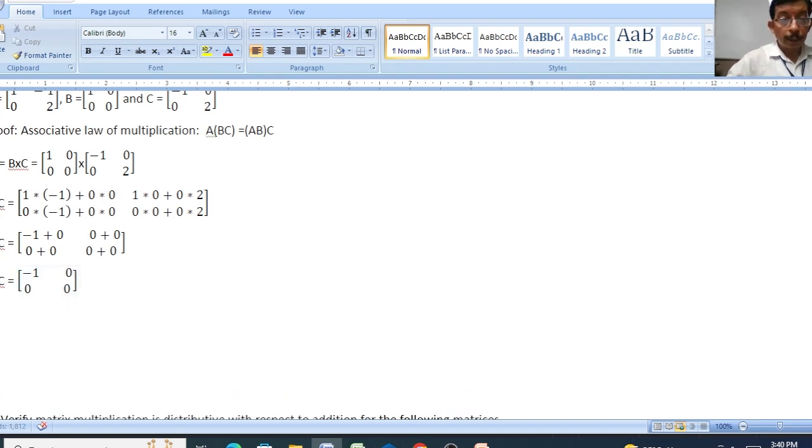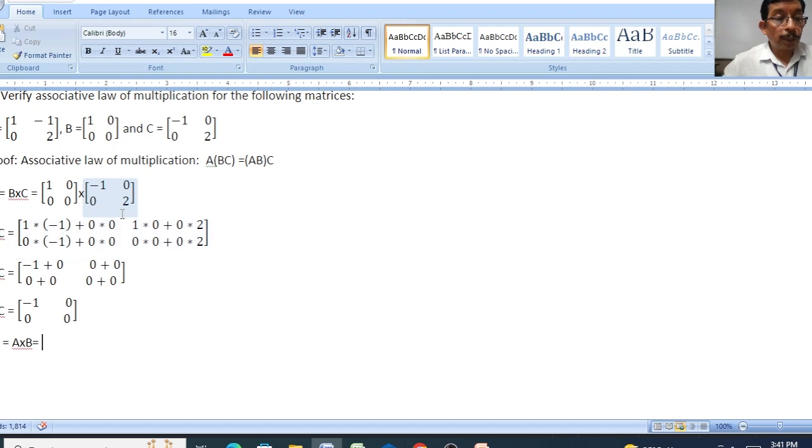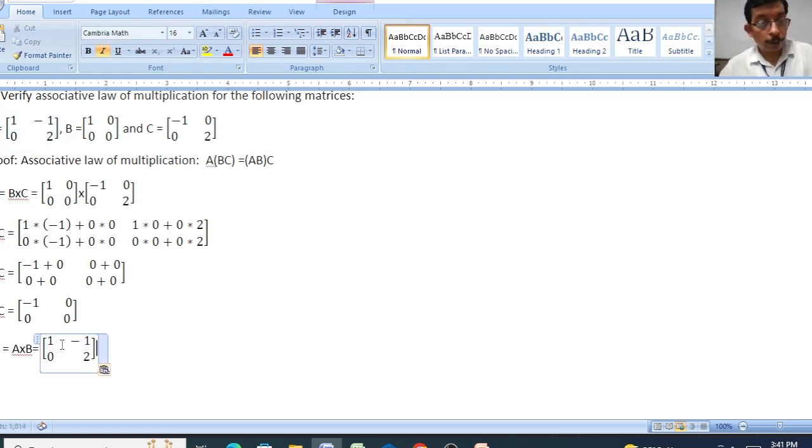A multiply by B, AB equal to A multiply by B equal to, note down the value of A and B. A multiply by B, note down B.